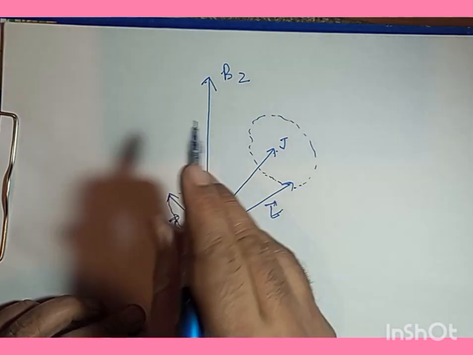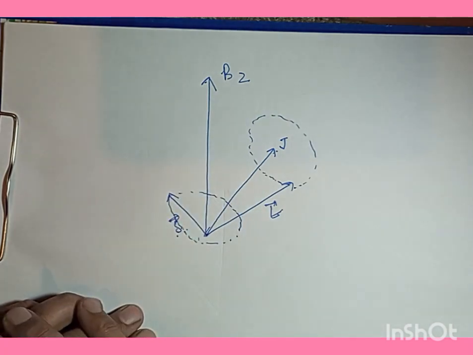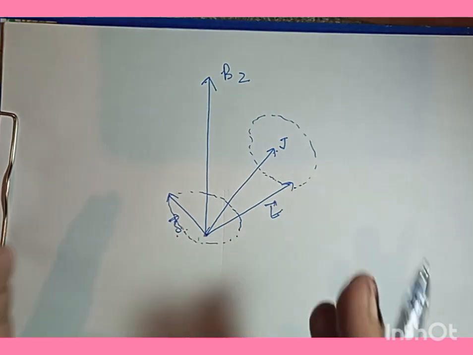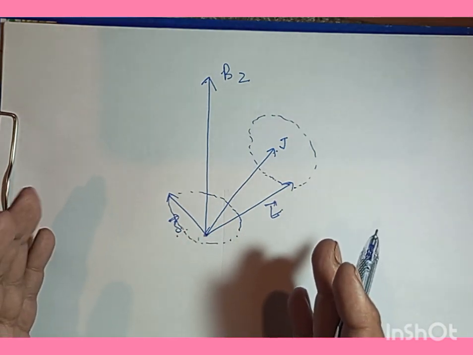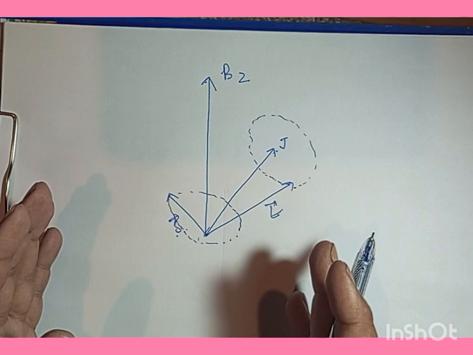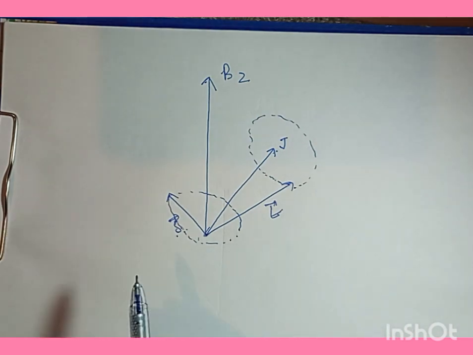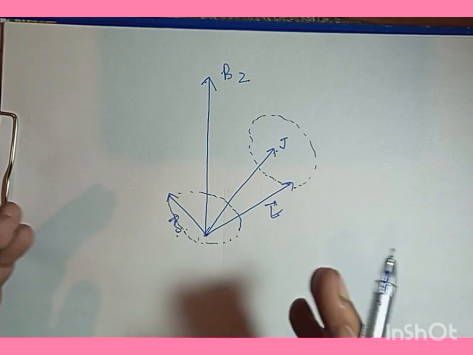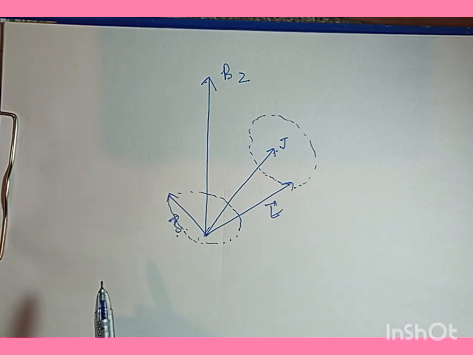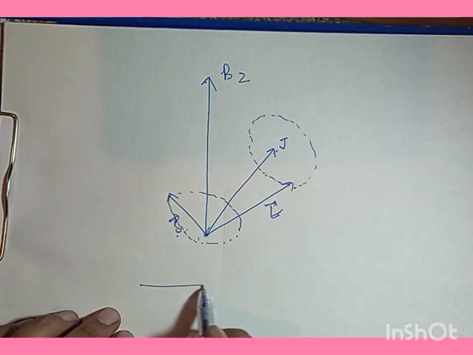In this case, the magnetic field is applied in the z direction, and this becomes the basis for the explanation of the Zeeman effect, the splitting of spectral lines in the presence of a magnetic field.